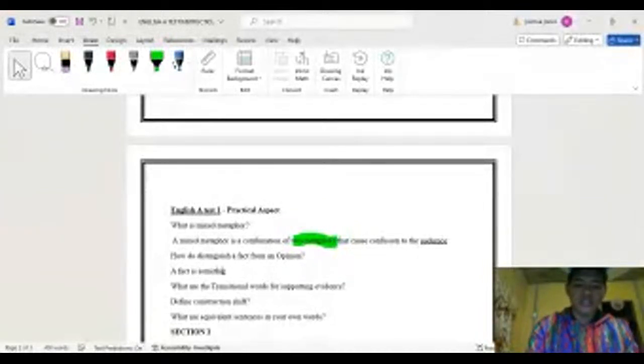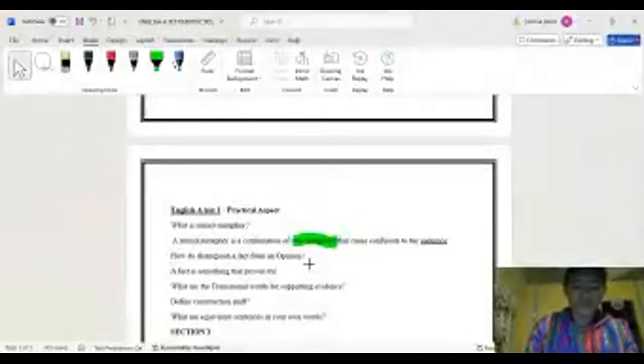A fact is something proven through evidence. So a fact is something that can be proven through evidence.